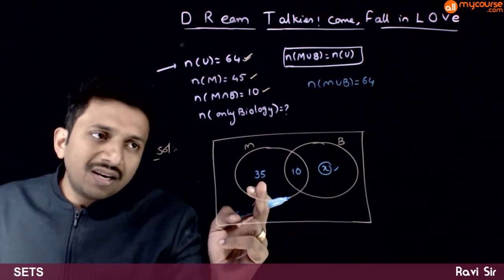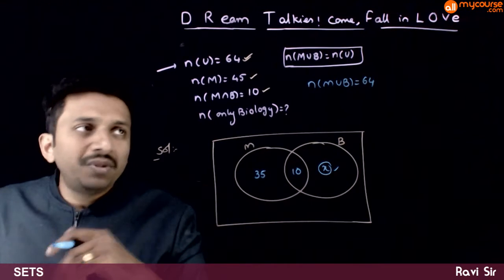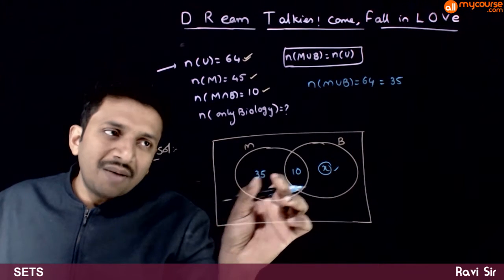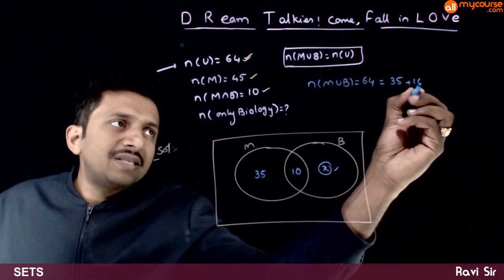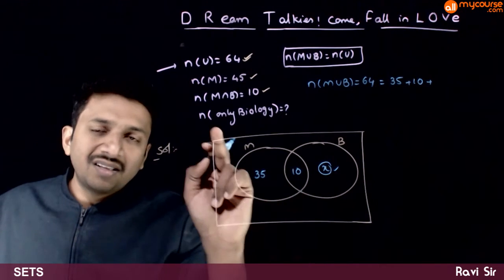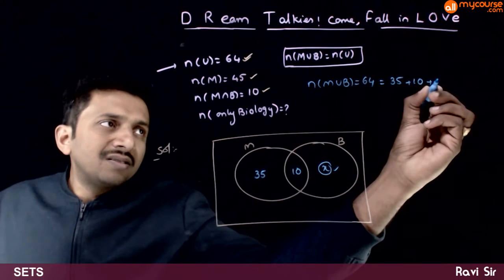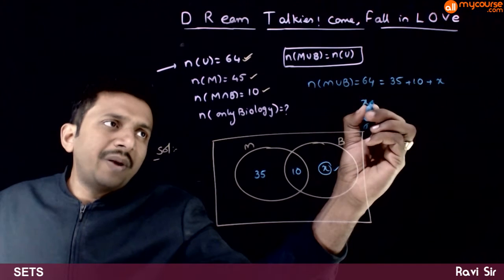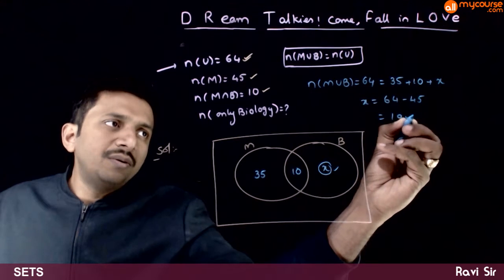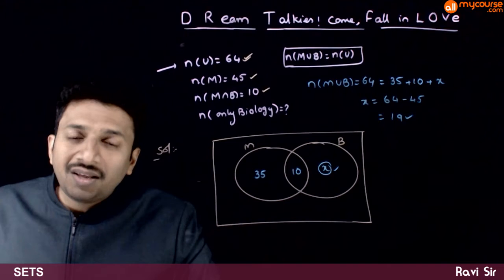As you can very clearly see, this region plus this region plus this region corresponds to M union B. So 64 has to be equal to 35, that is M minus B, plus 10 plus x. x is the number of students who passed in only biology, right? So let us take this as x. So this implies x is equal to 64 minus 45, which is 19. There are 19 students who have passed only in biology.